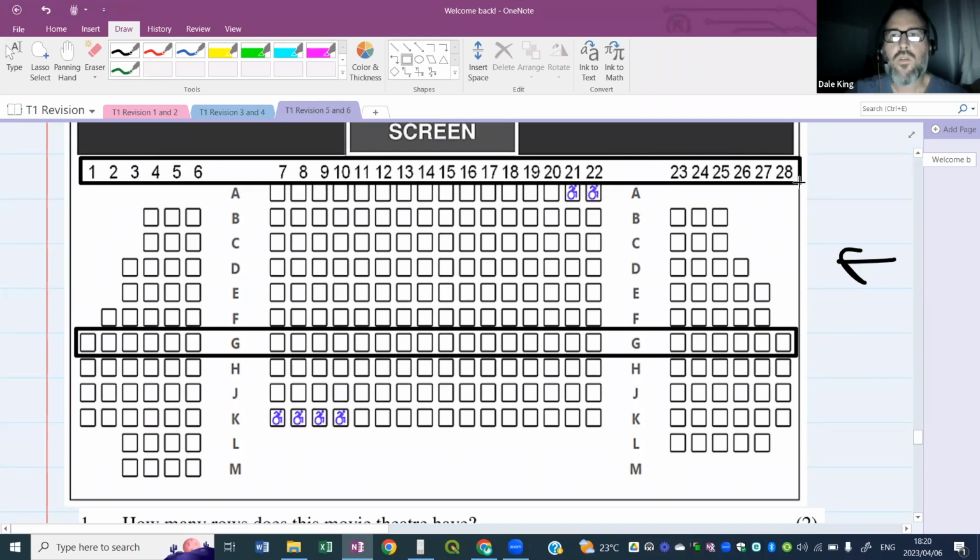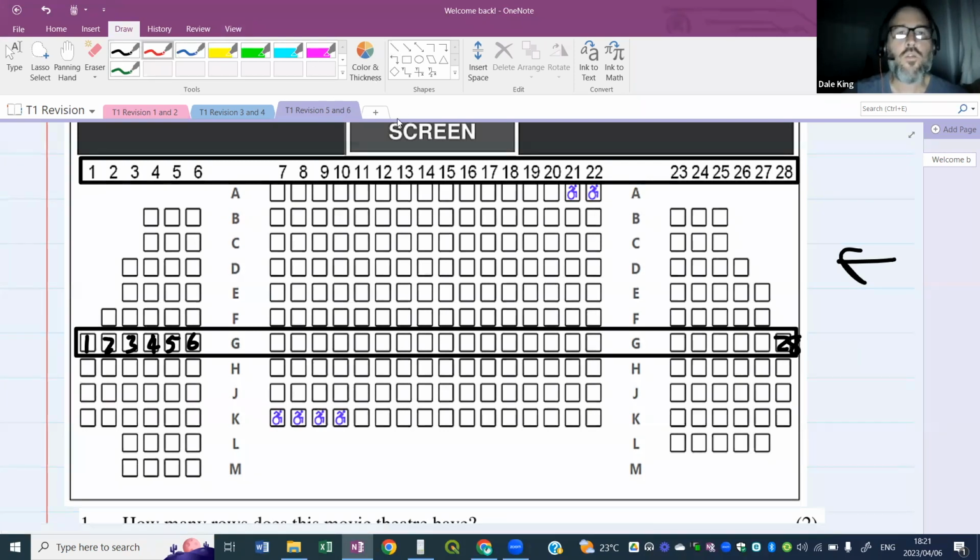They reference all the seats in the columns, and row G matches every single number up top. So there should be exactly as many seats in this row as there are numbers at the top. If I write them in, there's 1, 2, 3, 4, 5, 6, and so on, all the way up to 28 at the end.